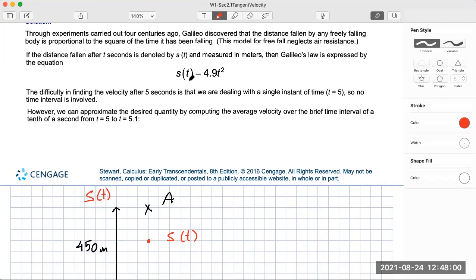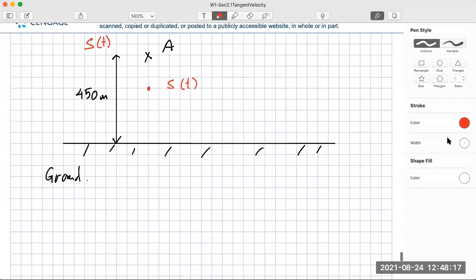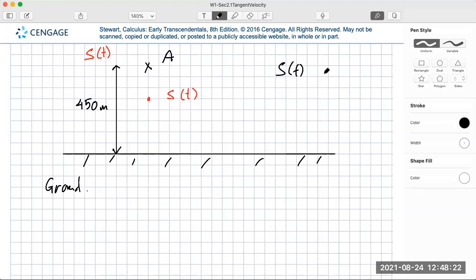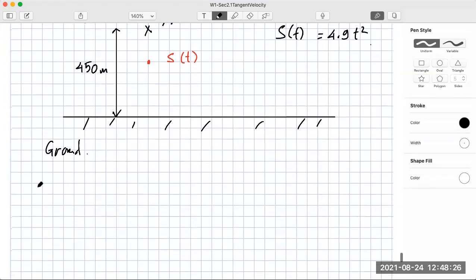Now, remember, the velocity is the change of distance over the time. So now suppose we are given the formula here. What is S at t equal to 5? We know that S of t is 4.9 t squared, right?